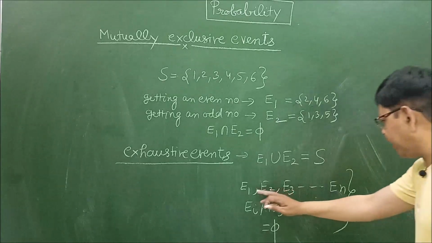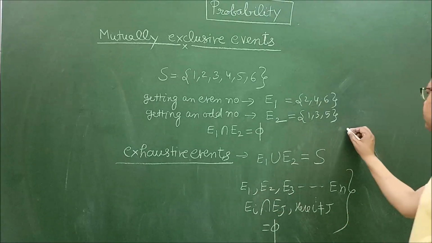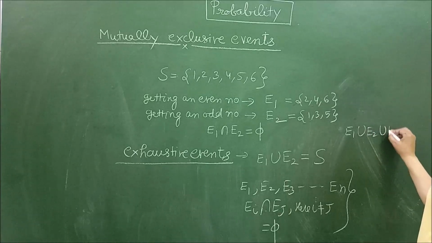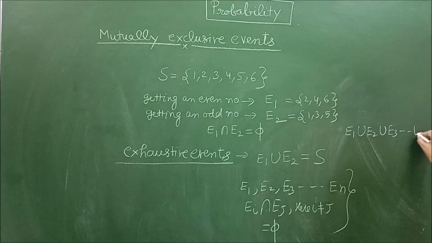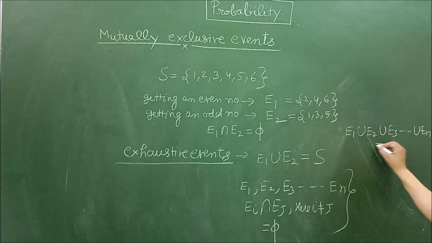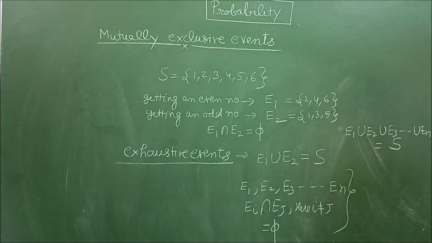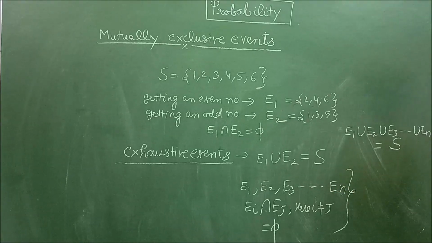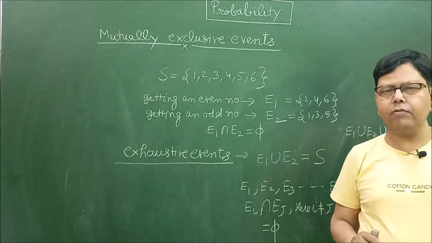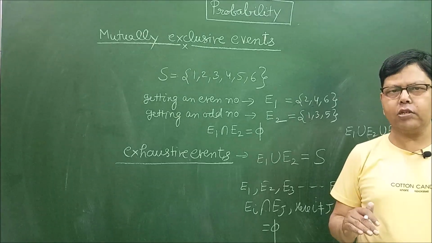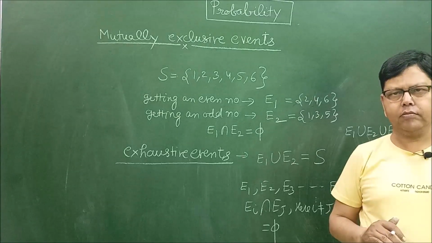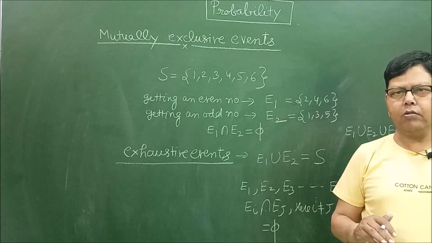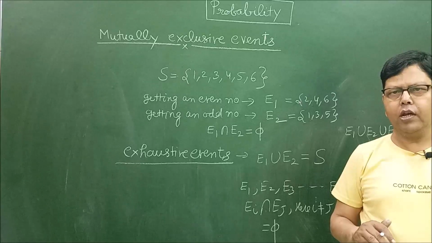And if on finding the union of these events, that is E1 union E2 union E3 up to union En, we get the sample space S, then this set of events is said to be a mutually exclusive and exhaustive set of events. So I think you have understood which events are mutually exclusive and exhaustive.